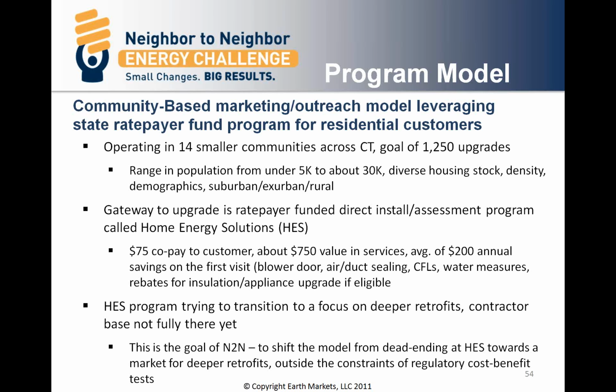This is a state program that, when we put our grant application together, we knew was trying to transition its focus away from those early low-hanging fruit measures into deeper retrofits. But the contractor base is not fully there yet. So that's really the role of our program, outside of the constraints of a regulatory cost-benefit test model, to really push the envelope from dead-ending at that HES visit towards a market for deeper retrofits. So that's just some level setting. Next slide.